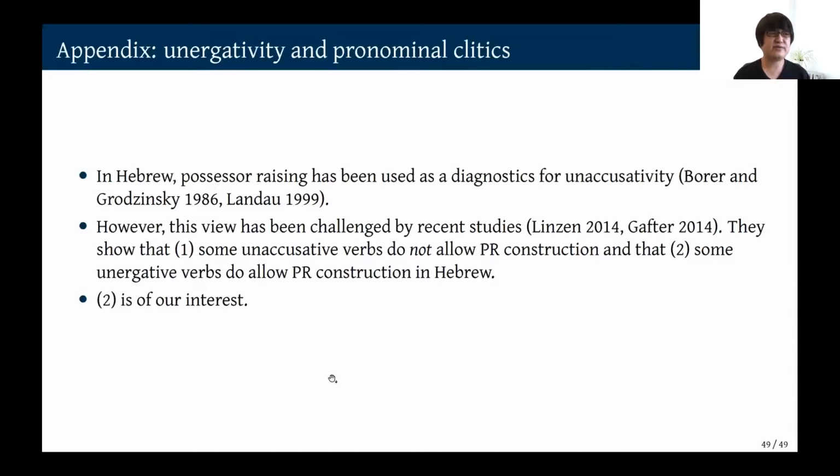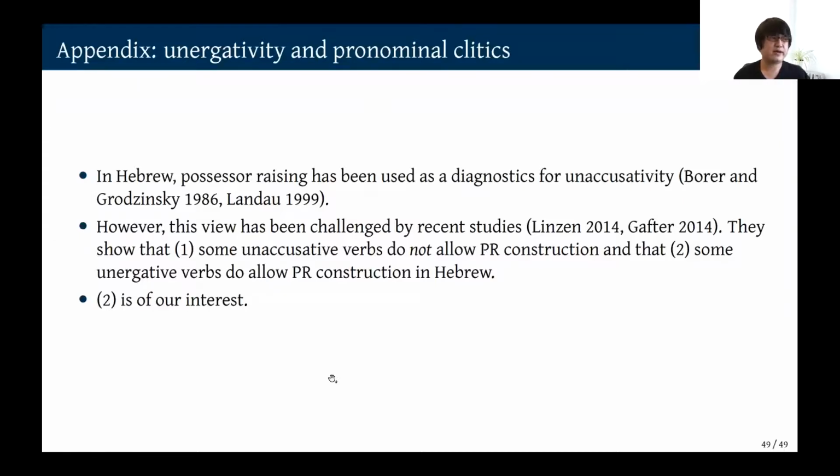I don't really know at this moment, but it seems that in this language, the direct object almost always precedes negation. So it seems that an internal argument is not really in the verb phrase, but outside of the verb phrase.